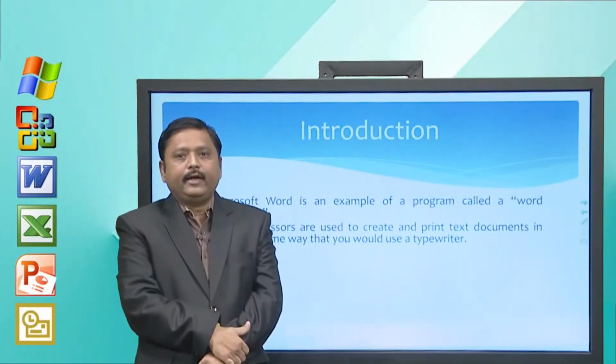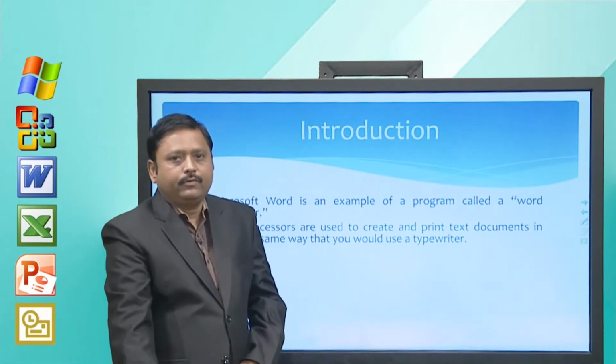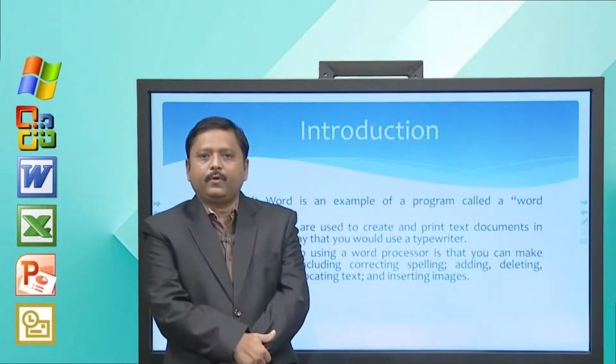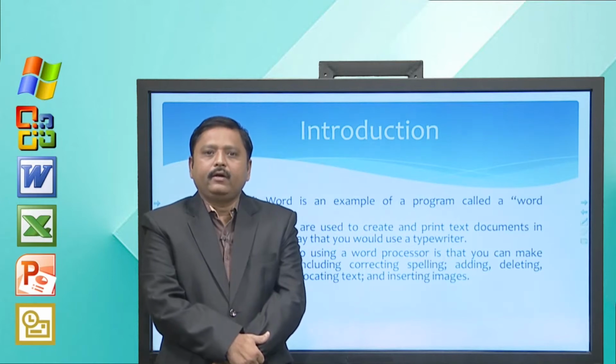But the advantage is that in Microsoft Word you can make changes easily, including correcting spelling, adding, deleting, formatting and relocating text and inserting images. Now, all these features are not possible in a typewriter.